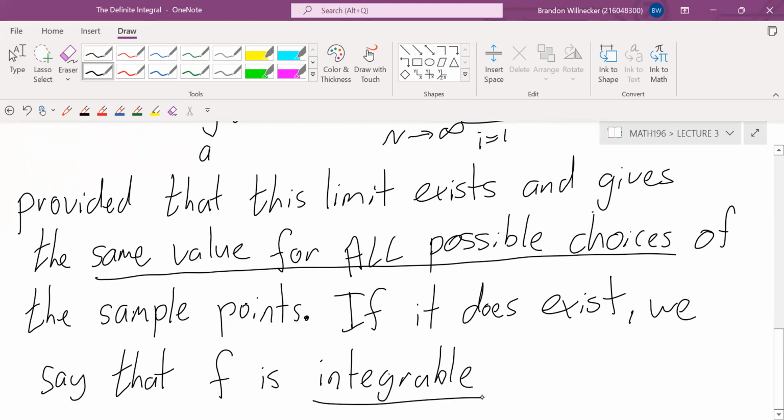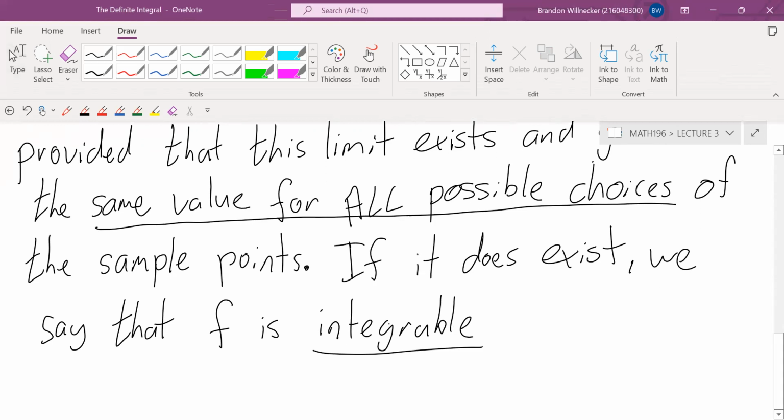Okay, that's just a fancy way of saying that we can integrate f, or in other words, the definite integral exists. Okay, it all means the same thing. So we can integrate f, the definite integral exists, or f is integrable from a to b. It's all the same thing. So it's integrable on a, b.